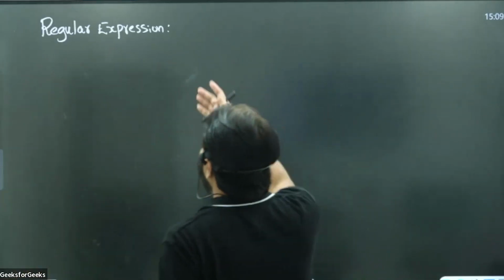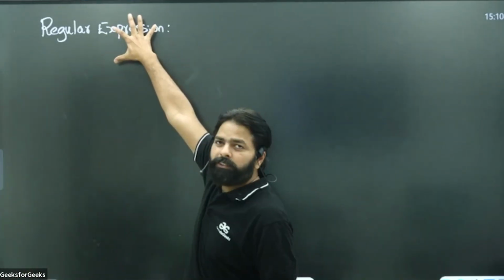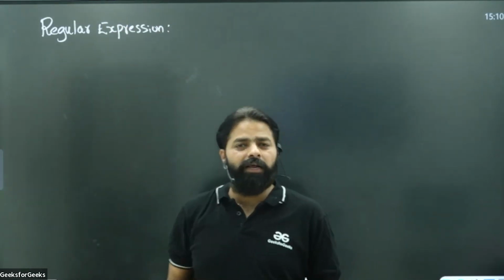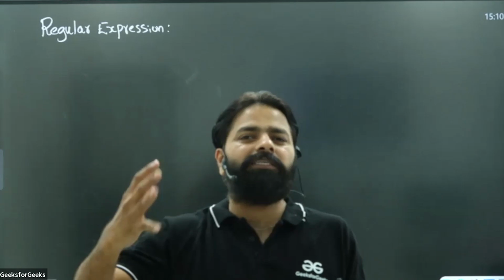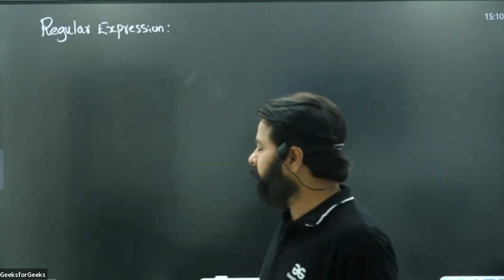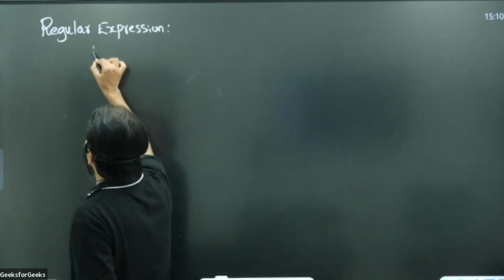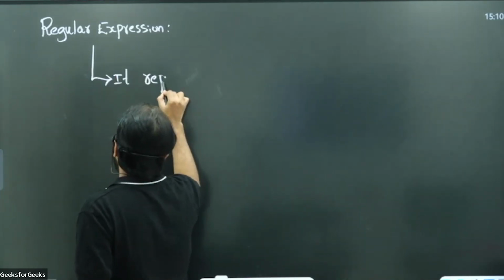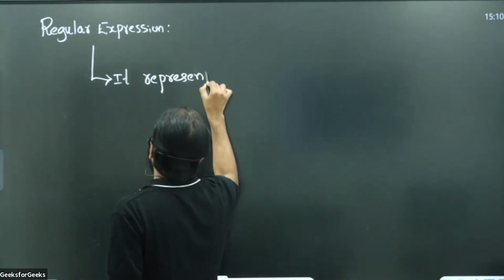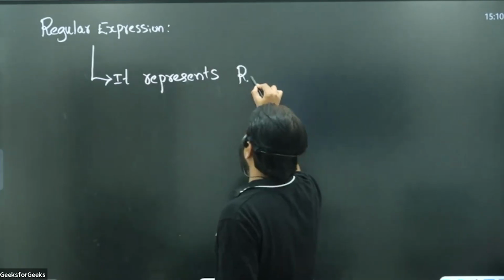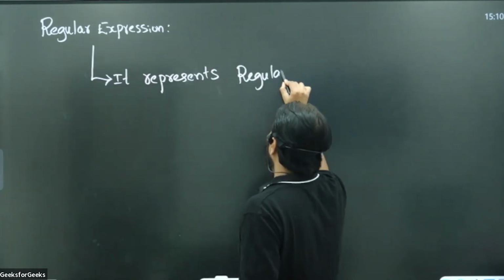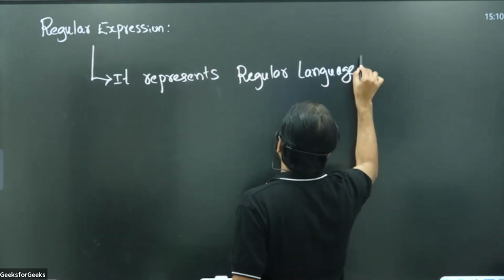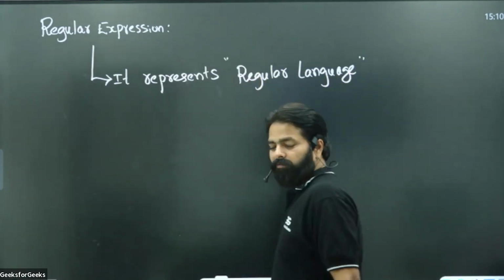So regular expression means it's going to use an expression to describe a regular language. Regular expression is an expression that represents a regular language, correct? So what is it used to represent? It represents regular language. Then what is regular language? That's what we are trying to understand.